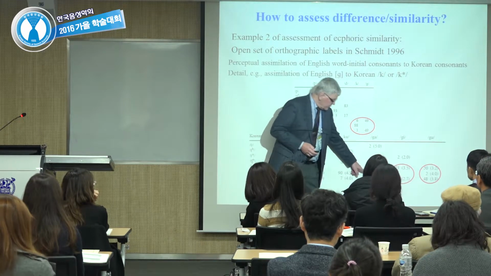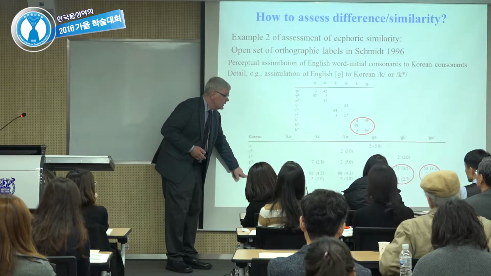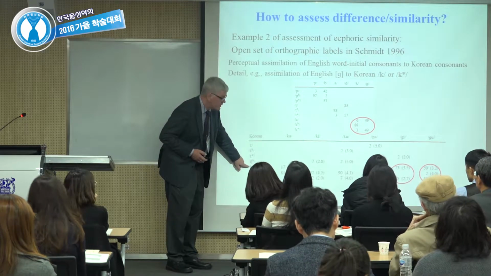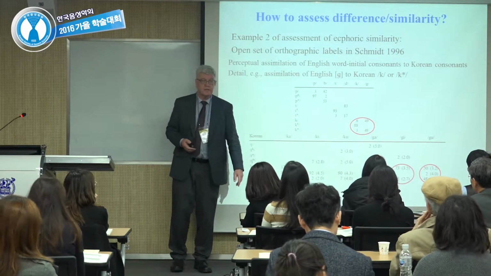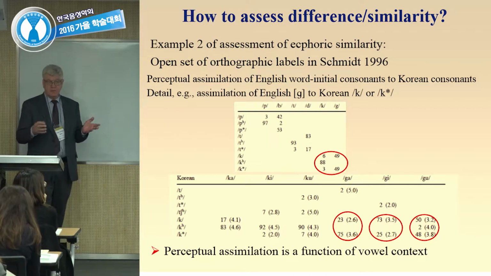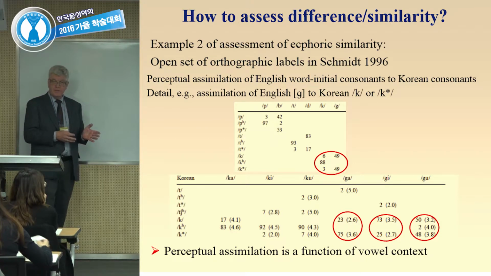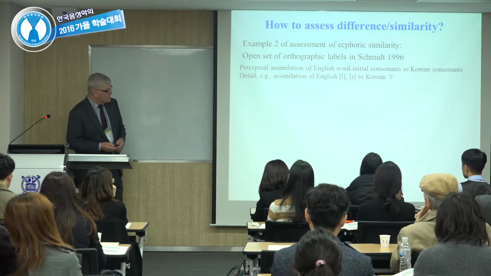In an R context, it's just this one. In an E context, it is almost exclusively this one. And it's only 50-50 in an U context. So native speakers of Korean do not just assimilate this randomly, more or less randomly, through these two categories. It depends on the consonant context. The consonant context strongly affects perceptual assimilation, which can also be seen, especially for this one.